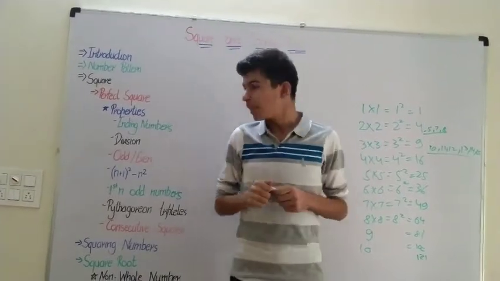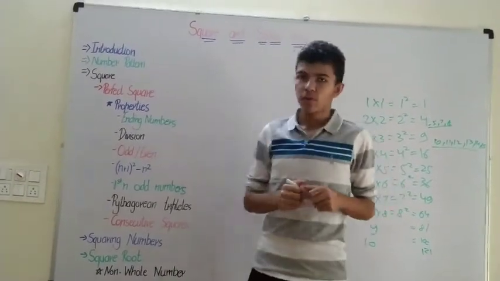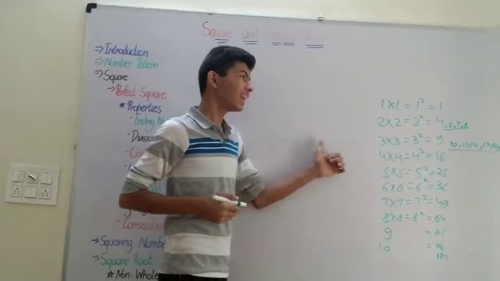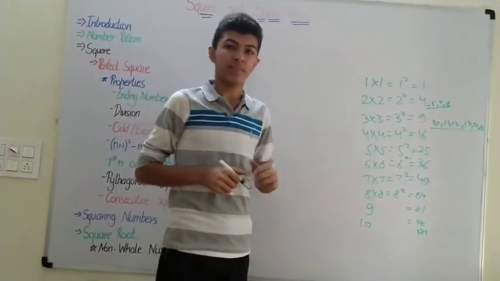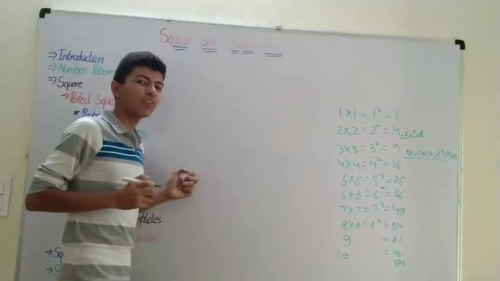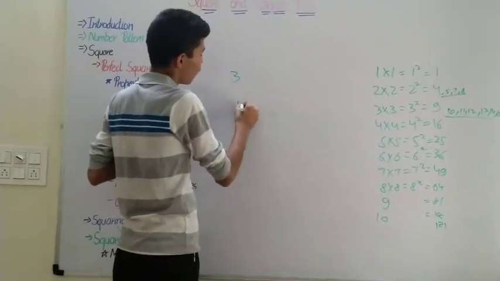So now let's move to division. One more interesting pattern you can see is when a number is being divided. Here we have two divisors, 3 and 4.